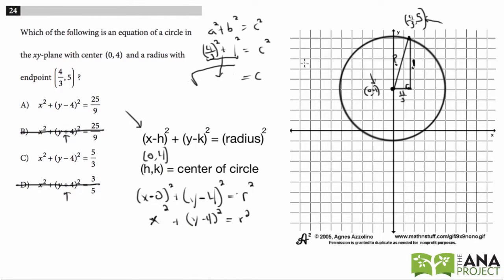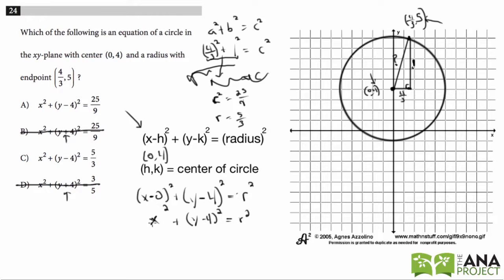Let's just write that. C squared is 25 ninths. That's our radius squared. Even call it r squared. So if r squared is 25 ninths, if we take the square root of both sides, the square root of 25 is 5, the square root of 9 is 3.